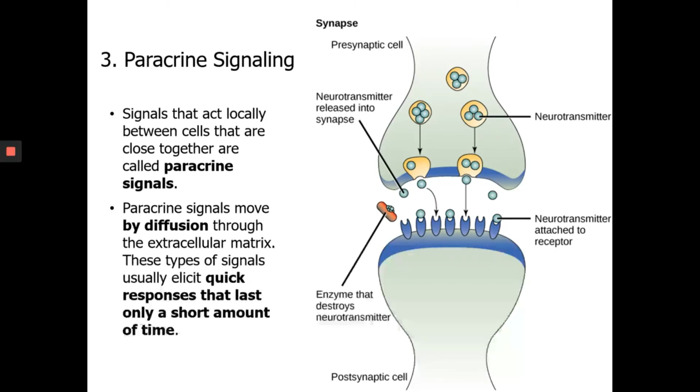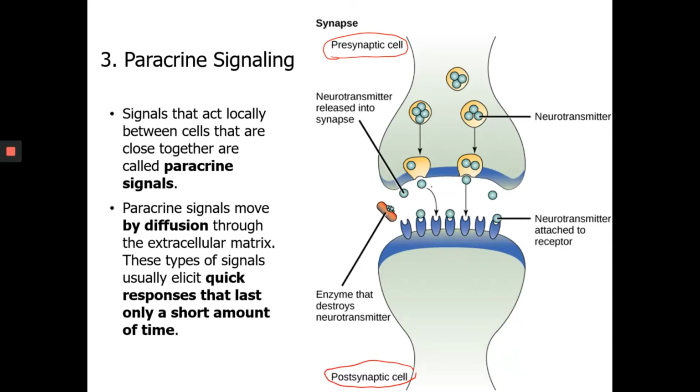The first cell is called a presynaptic cell. That's the cell that's going to release the signals, release ligands, and then the receiving cell is going to be called a postsynaptic cell. So this cell is the target cell that receives the ligands.